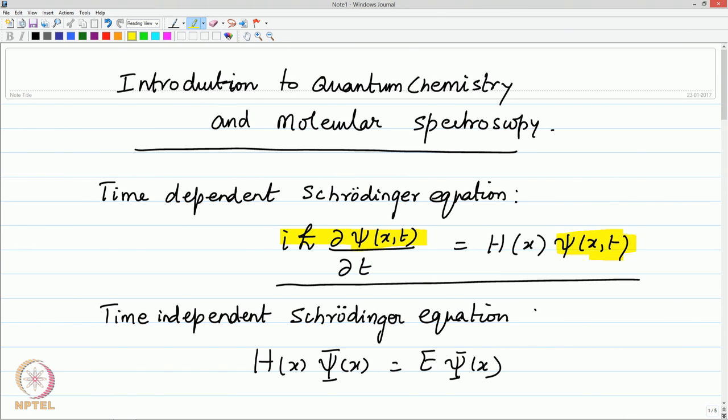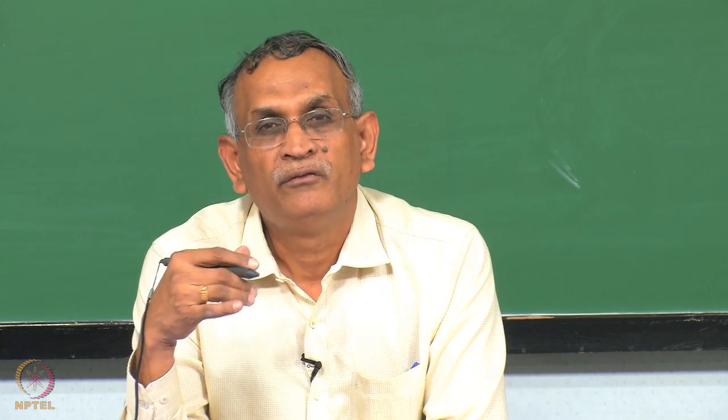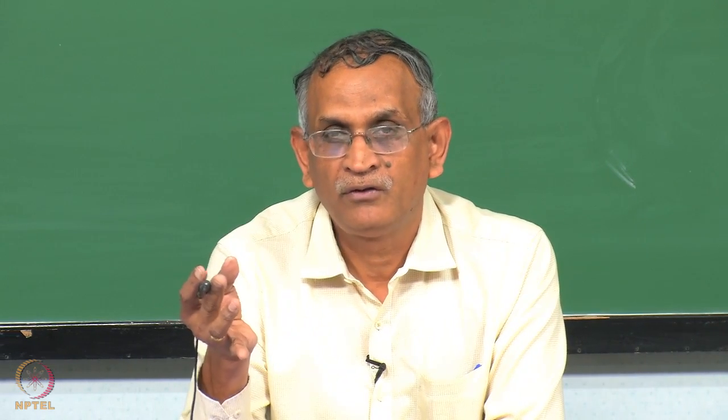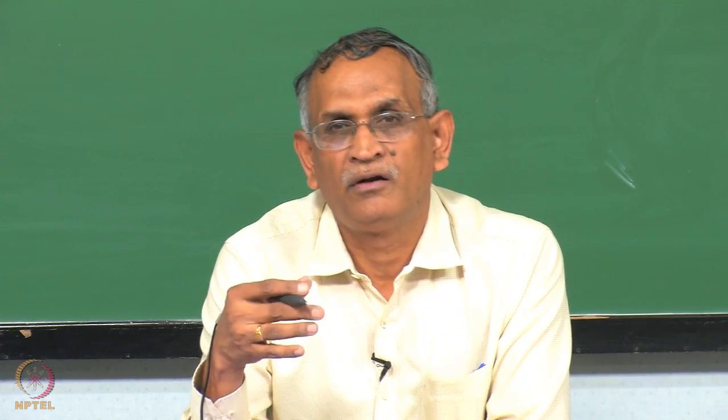So, this is an important intermediate step in the models that we want to solve. All the models that we will solve will not have time dependent Hamiltonians. We do have a part of the course containing spectroscopy, but we are not going to look at the time dependent spectroscopic Hamiltonian and its solution, but only at the molecular energy levels in spectroscopy.